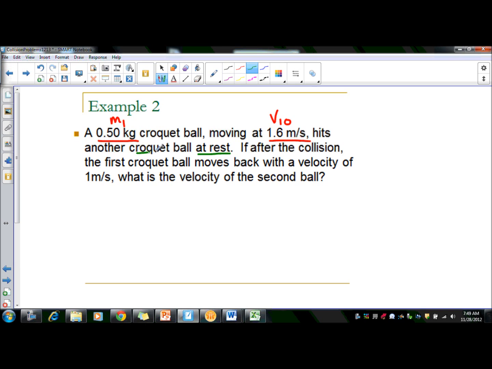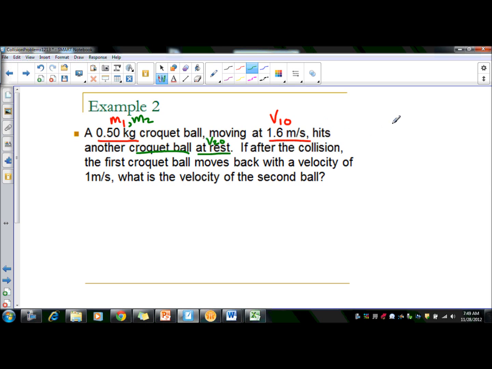So we're assuming that all croquet balls are the same mass. So this will also be mass 2, and at rest is going to be our V2 naught. If after the collision, the first croquet ball moves back with a velocity of 1 meter per second, what is the velocity of the second ball?